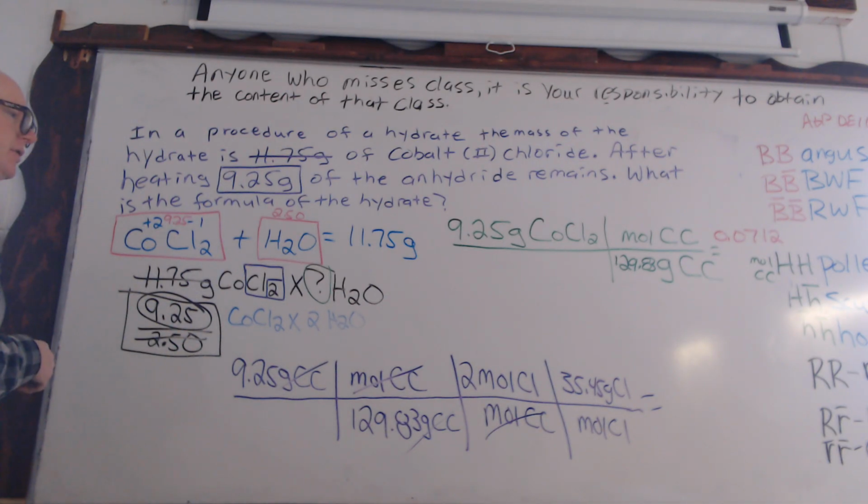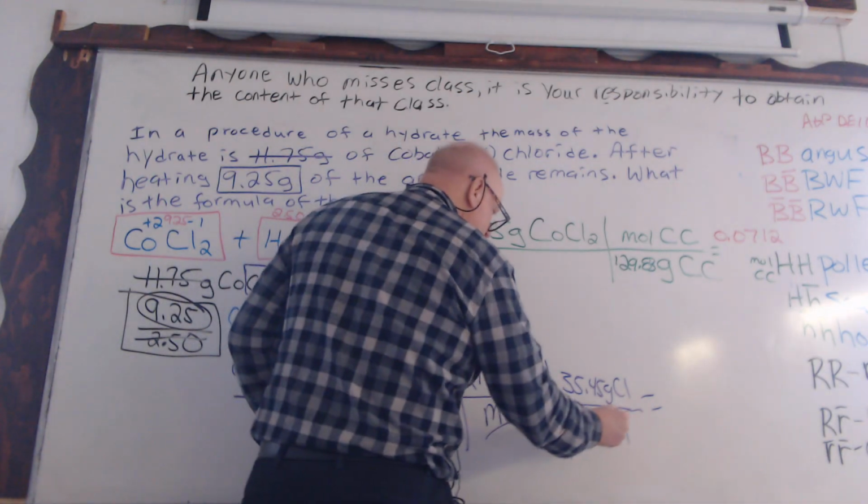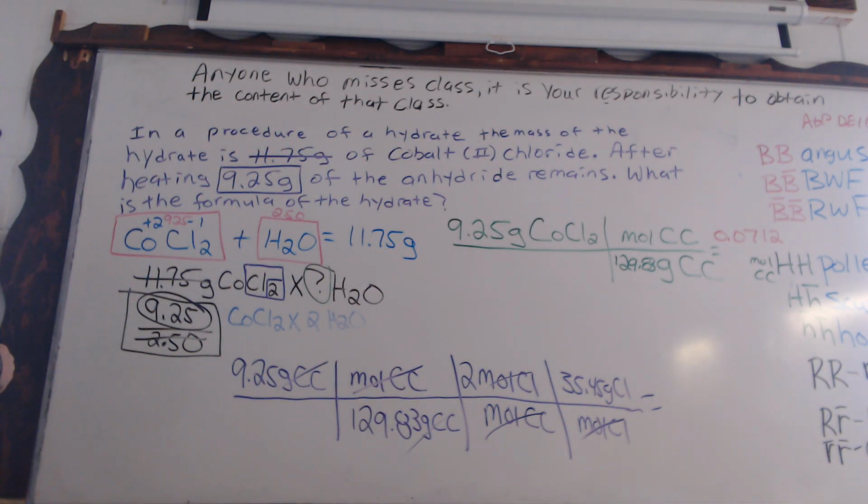So we got numbers that are next to each other. We multiply. And then on the bottom, we divide.